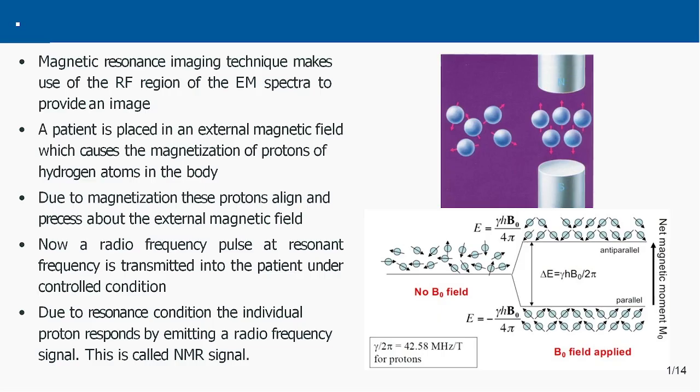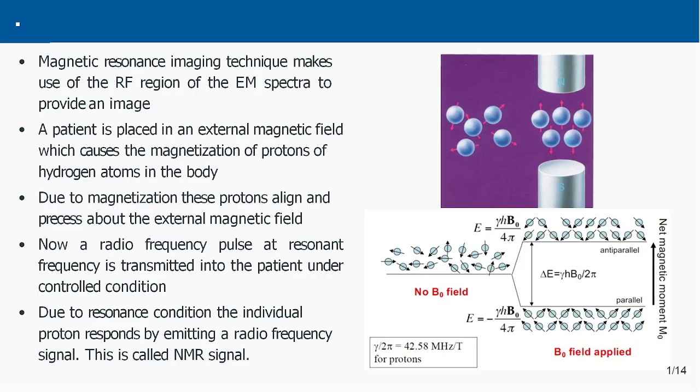Similarly, the patient is placed in an external magnetic field, which causes the magnetization of protons of hydrogen atoms in the body. As I have said just now, our body contains 80% hydrogen atoms, and each hydrogen atom contains a proton, and the proton, due to its spinning property, is considered a magnetic dipole.